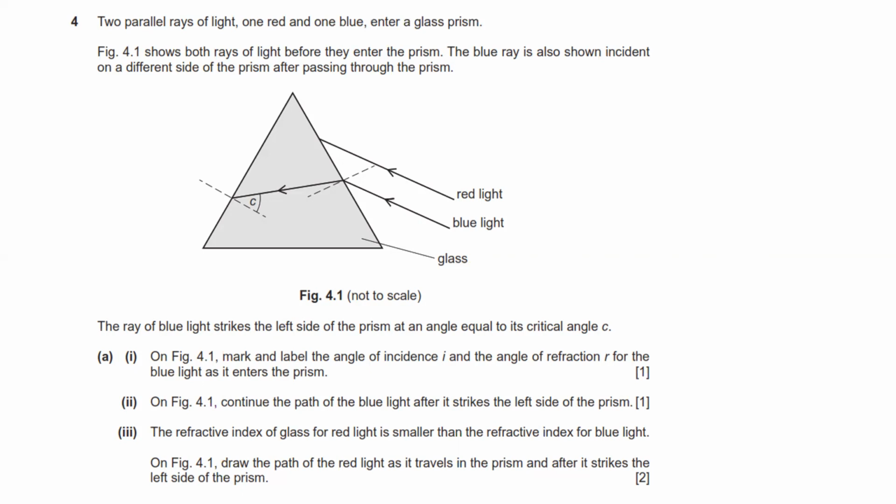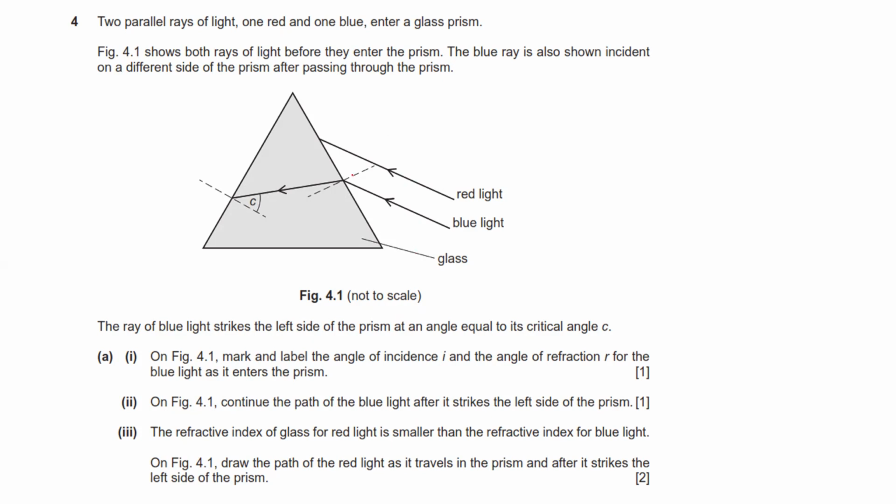The ray of blue light strikes the left side of the prism at an angle equal to its critical angle, C. Question A, part 1: on figure 4.1, mark and label the angle of incidence I and angle of reflection R for the blue light as it enters the prism.